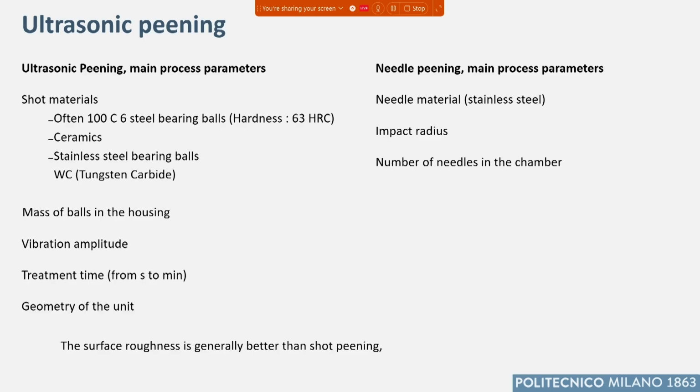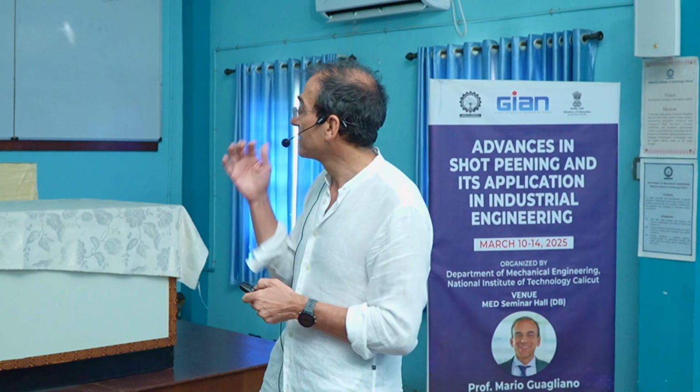The other parameters are the mass of the ball in the housing, the total mass of the ball, the vibration amplitude that must be tuned with respect to the application, the treatment time that can vary from some seconds to some minutes, and the geometry of the unit. Geometry of the chamber, of course, is important and must be correctly designed.